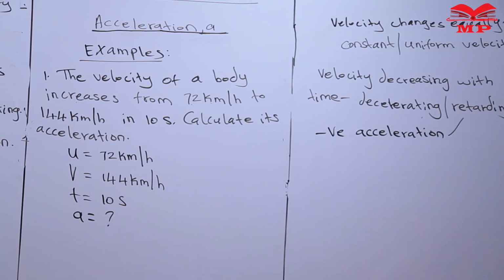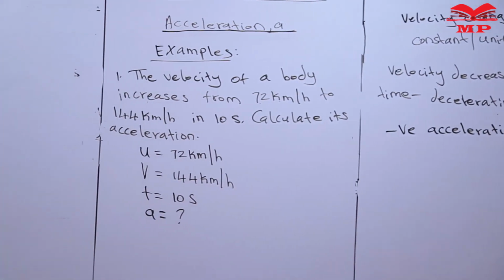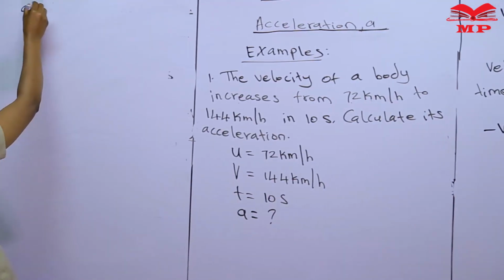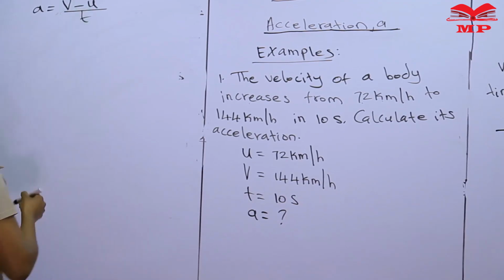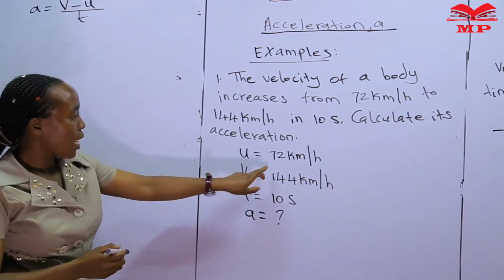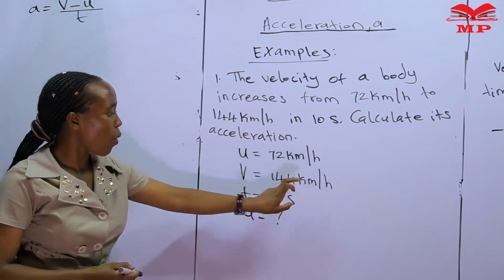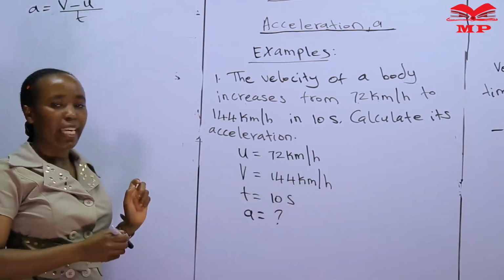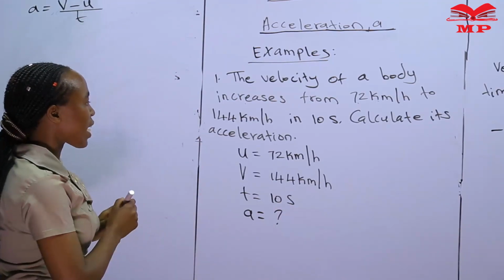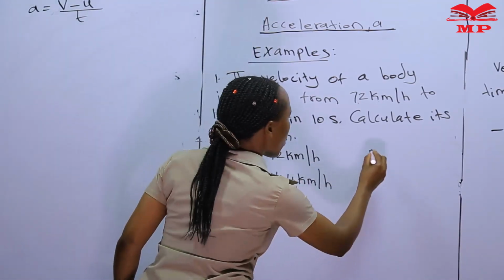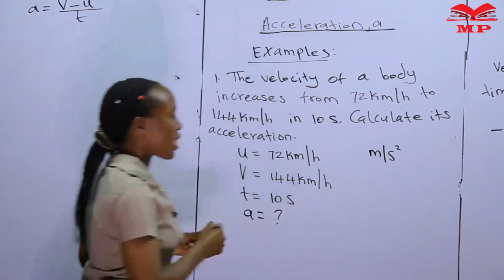We need to consider the formula from the definition of acceleration: final velocity minus the initial velocity, all over the time taken. As you can see, we have kilometers per hour here and seconds there, and we need the acceleration in the SI unit, which is meters per square second.